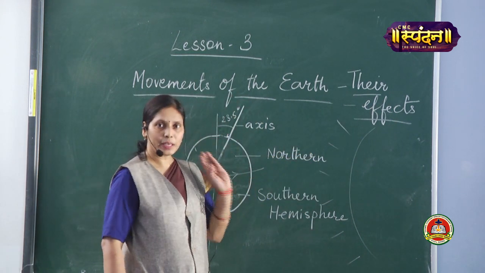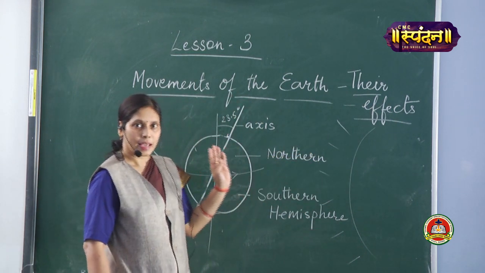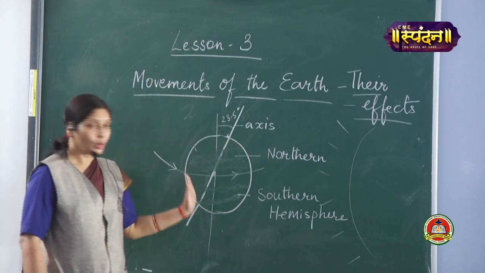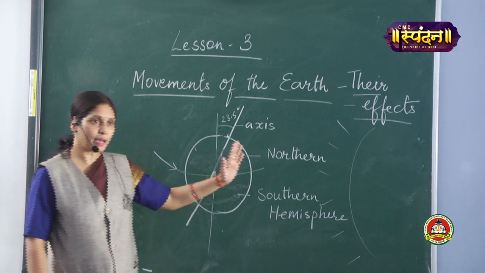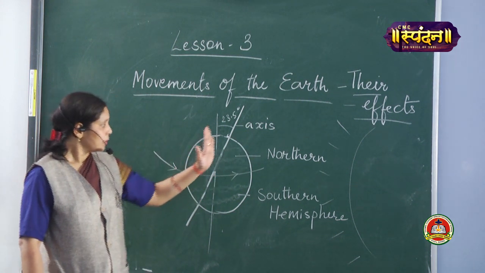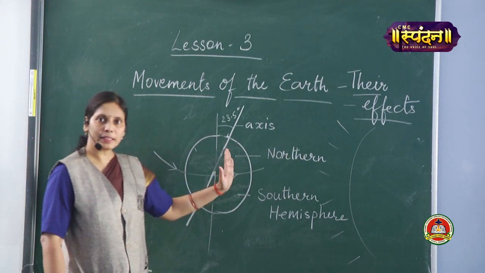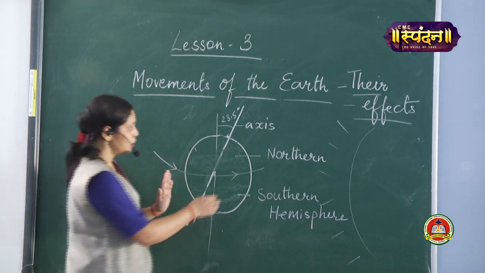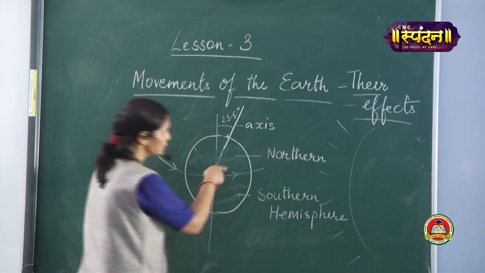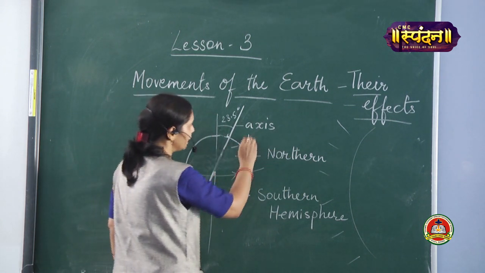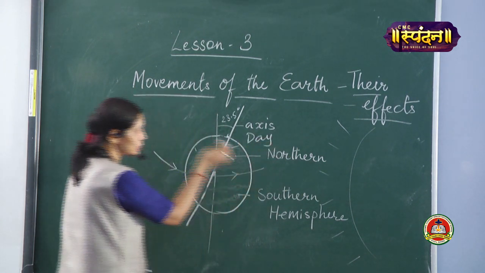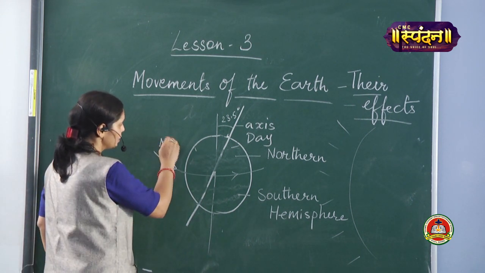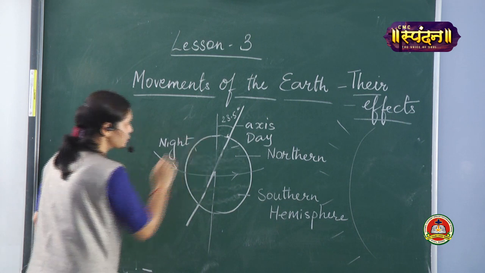Because the earth is an opaque object, it cannot pass light through. So only one side will be getting the light, and the back side will receive no sunlight. The part which is receiving the sunlight will have day, and the opposite part, which is not receiving the sunlight, will have night. So what is the first effect of rotation of the earth?